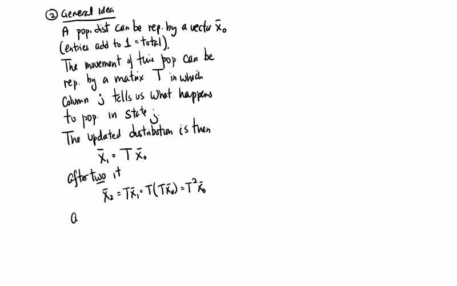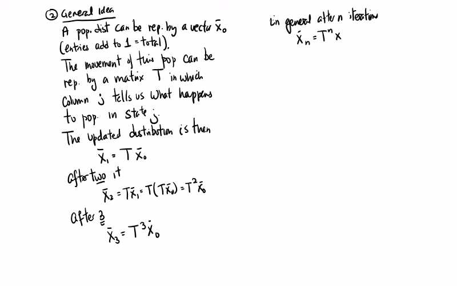After three, x3 will be T cubed x0. And in general, after n iterations, x sub n will be T^n times x sub 0. So this will work for any finite number of states.